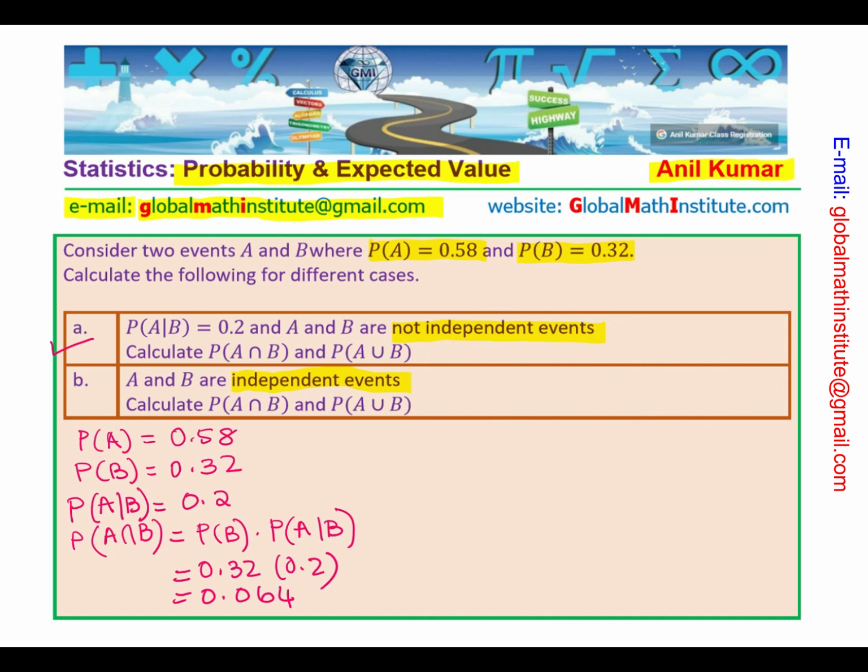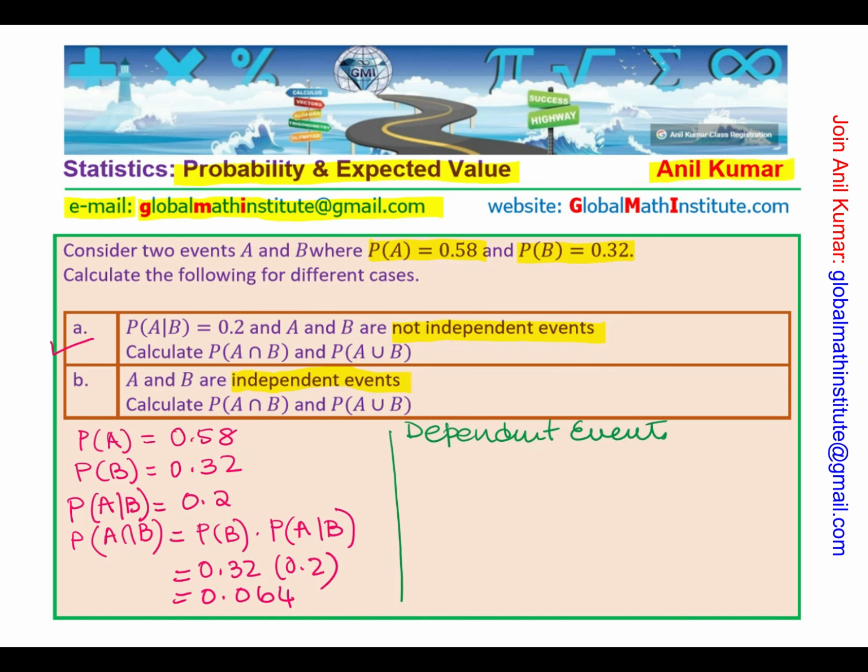And now in part A, we're talking about dependent events, right? What is the probability of A union B?